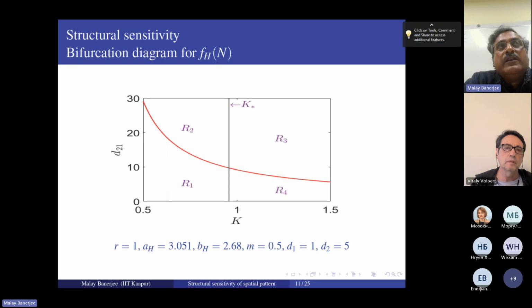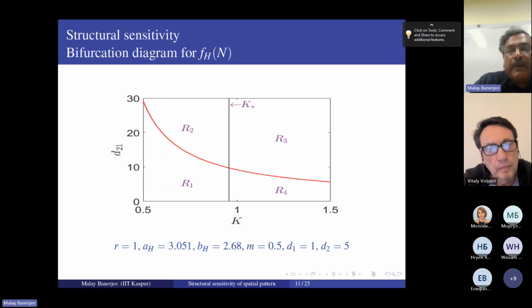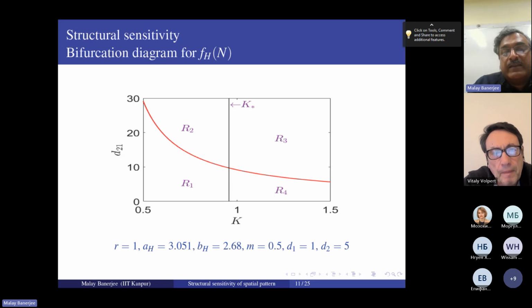If I recall correctly, we obtained spirals up to k equal to 1, but not very close to this value. But of course, one can raise the question: have you checked all possible values of d21 close to this? The answer is no. We have checked only d21 equal to 1, d21 equal to 1.1, and d21 equal to 0.9. With this range of d21, and for values of k less than 1, we did not observe any spiral.